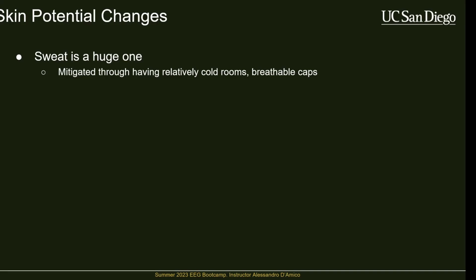Having the rooms be cold also helps to just not sweat. Although then you can run into participants shivering, which can cause additional artifacts. Usually 68 degrees is the sweet spot that we try to hit. I have no idea what temperature it is in here, but it's not too warm, so hopefully we're not getting that many sweat artifacts. It's usually not as much of a problem because the variations tend to be random.